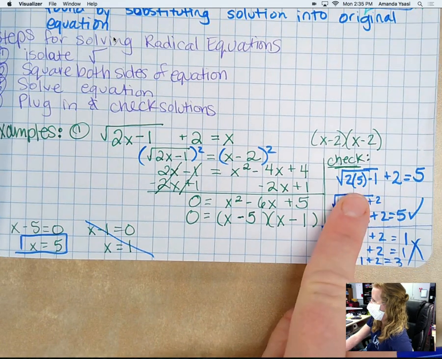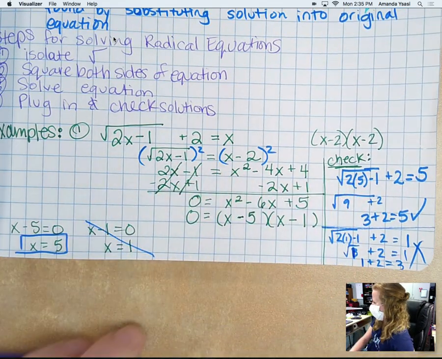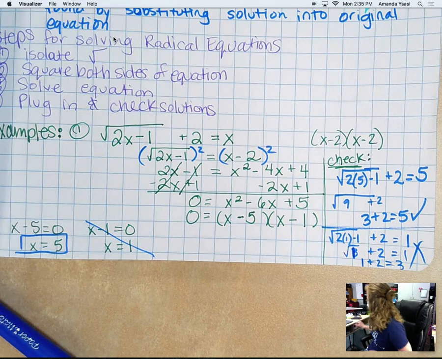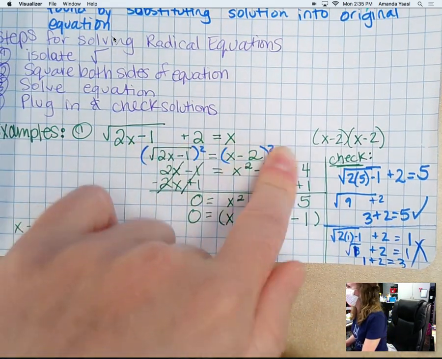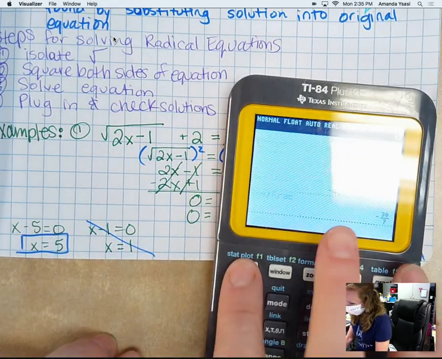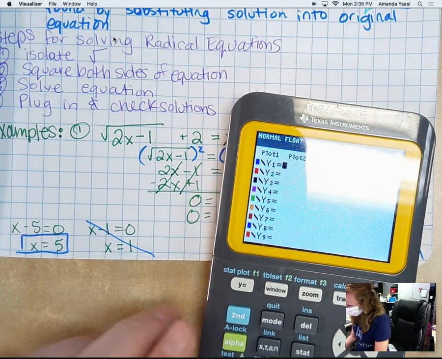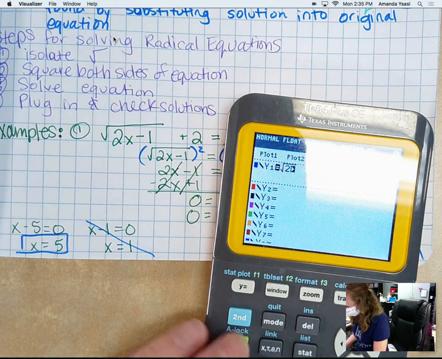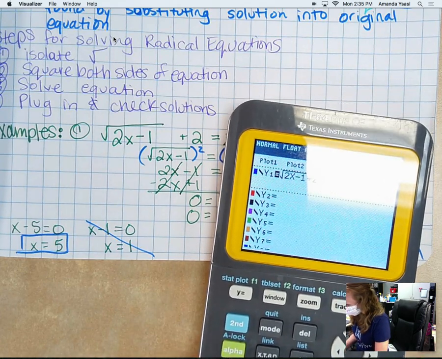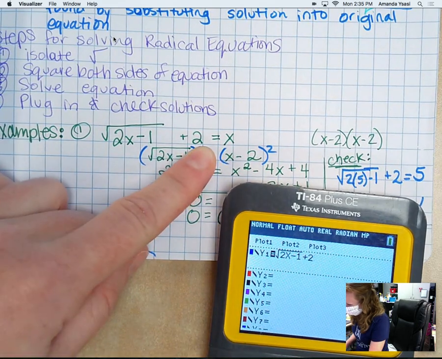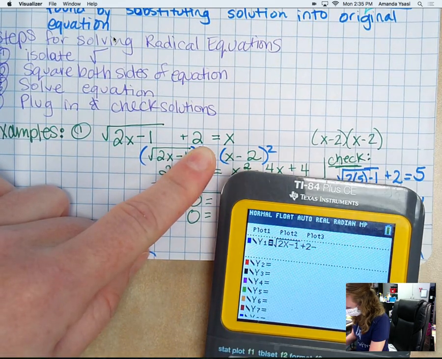If we were to put this in the calculator, because when we're solving, we're looking for when they're equivalent. We're looking at the graph. So square root of 2x minus 1 plus 2 minus x.